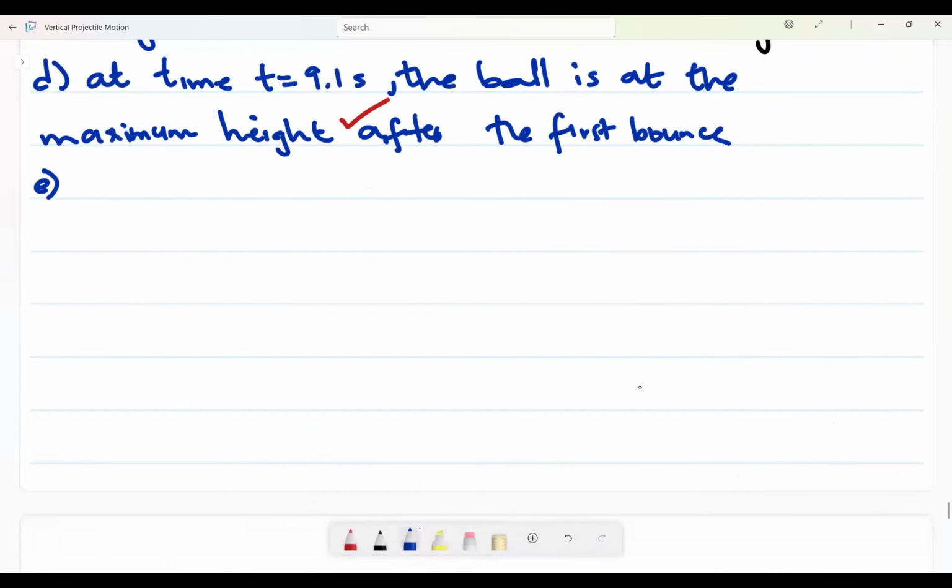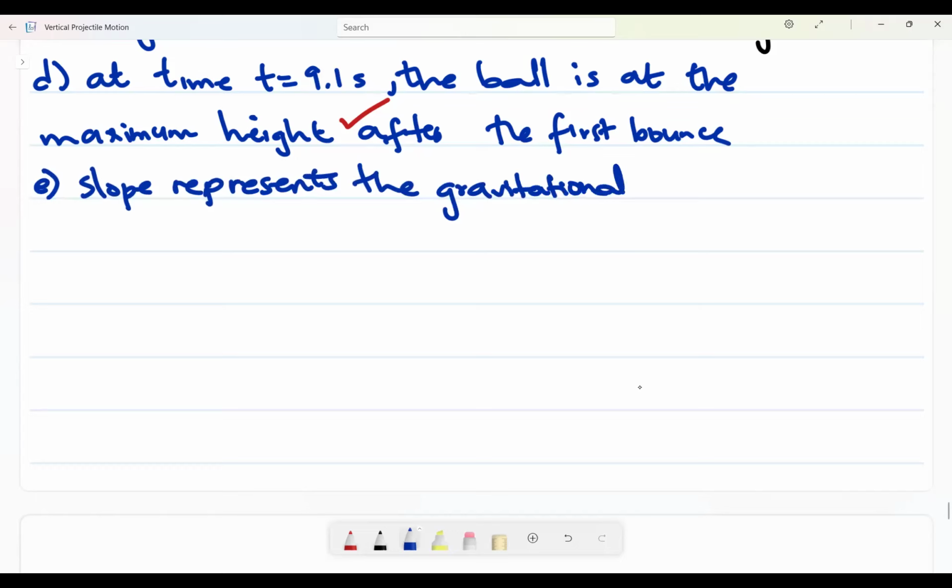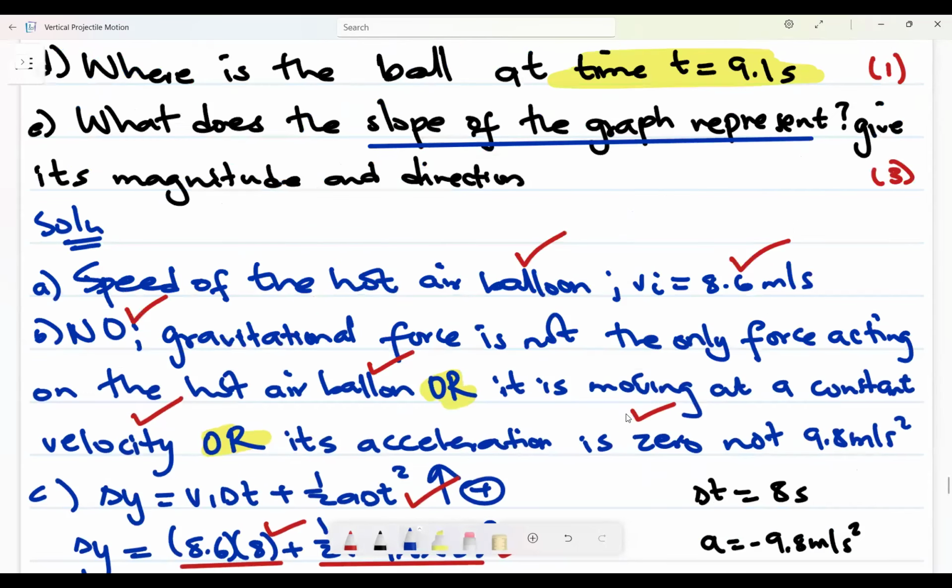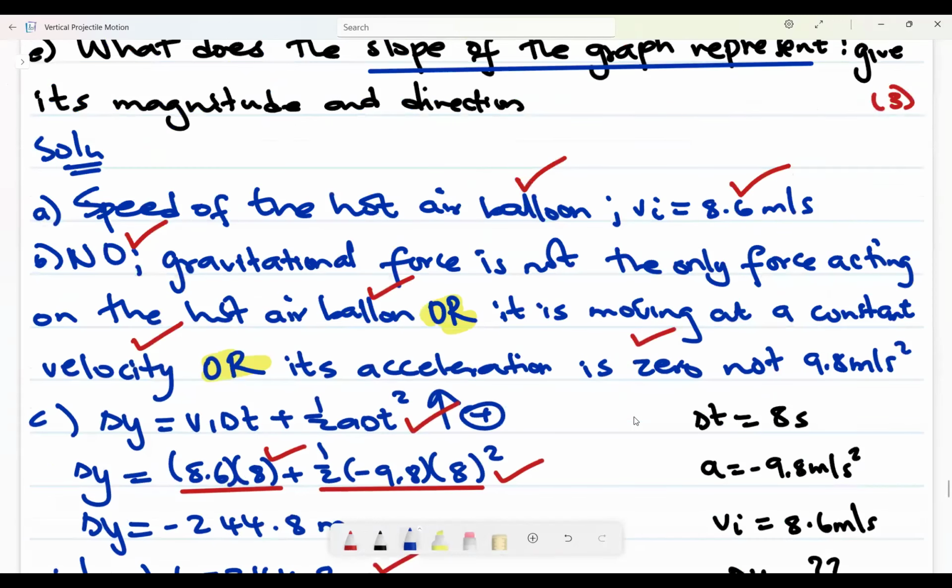So we know that the slope represents the gravitational acceleration, which is just g. It represents the gravitational acceleration, or just g.